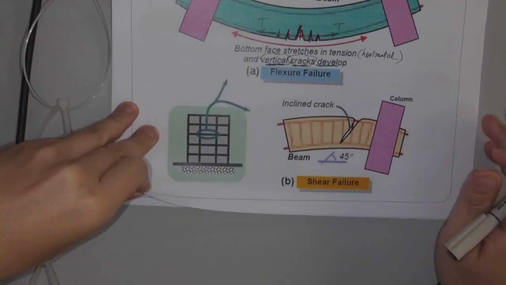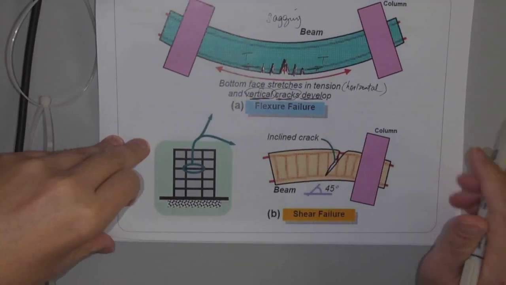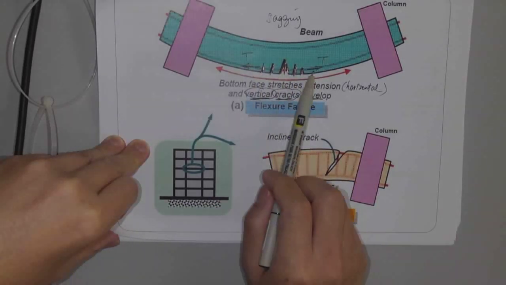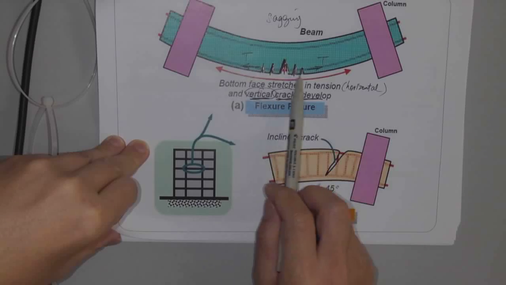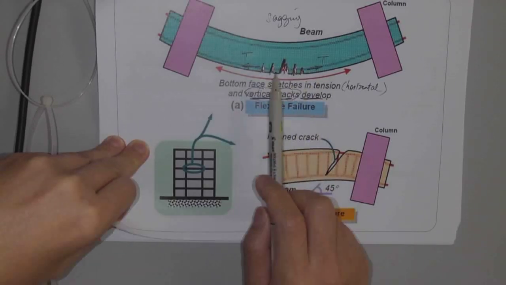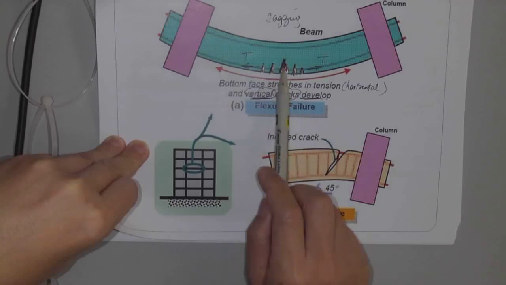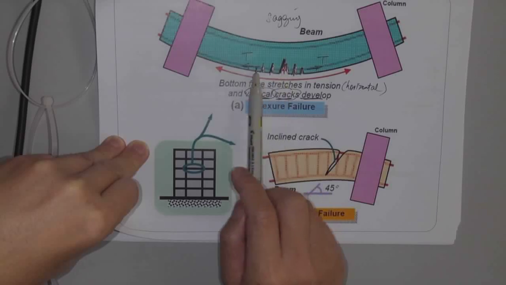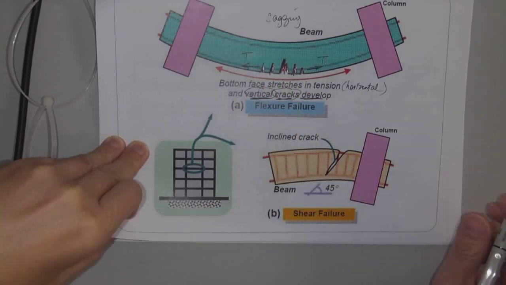And then we said a few things about this beam, the cracks, and also the direction of the tension. They are perpendicular to each other, right? The direction of the cracks is perpendicular to the direction of the tension. And in this case, because this is sagging, the cracks are at the bottom of the beam.